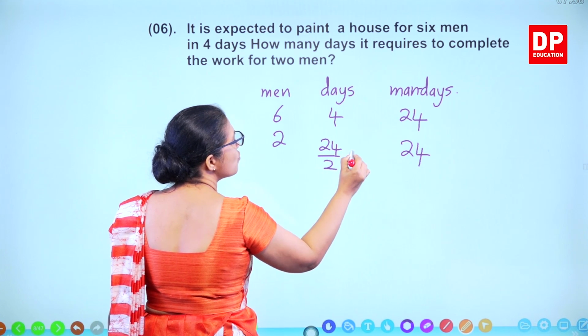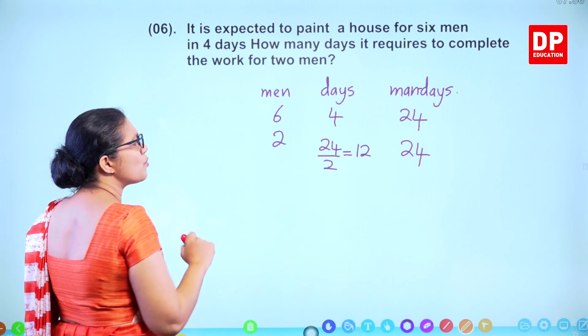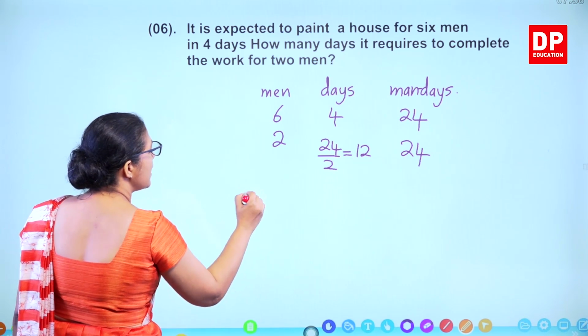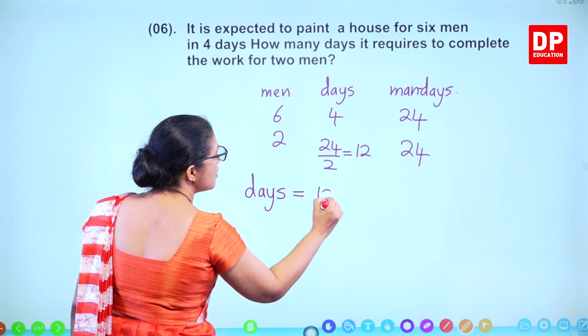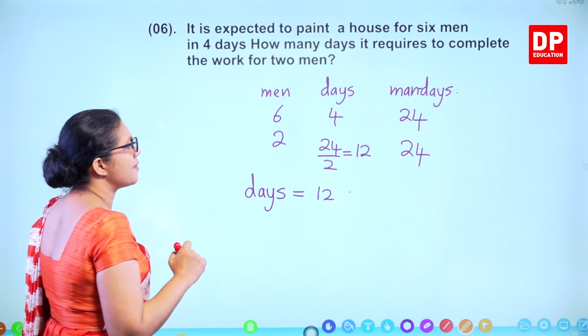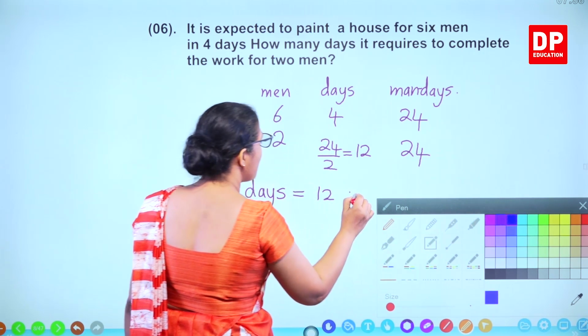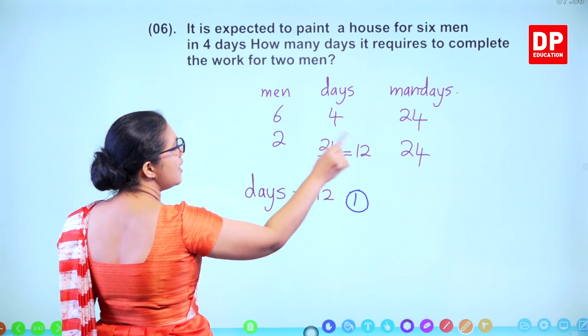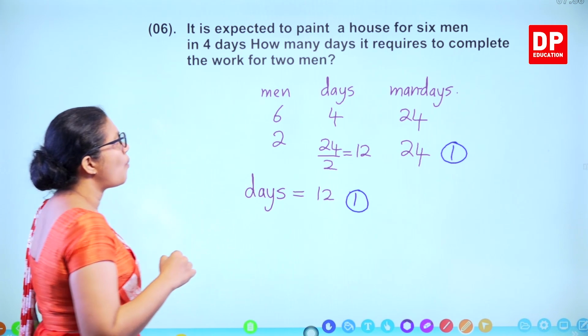So 24 divided by 2, you get 12. So 12 times 2 is 24. So the number of days required for 2 men is 12 days. So you get 1 mark for the answer, and 1 mark for the working.